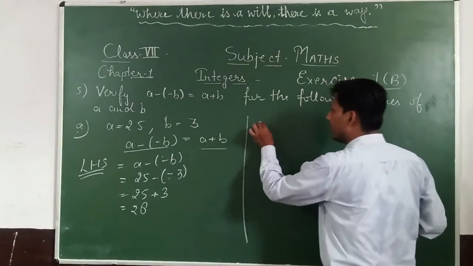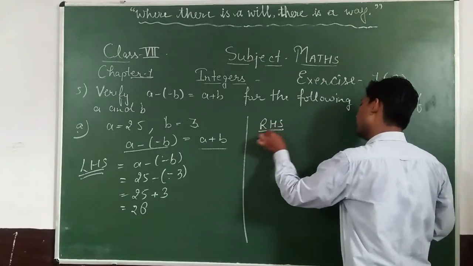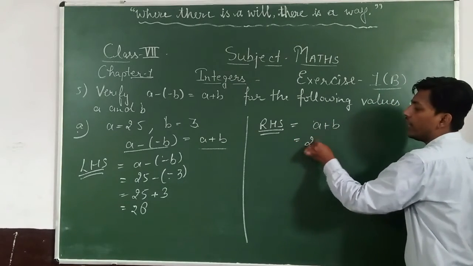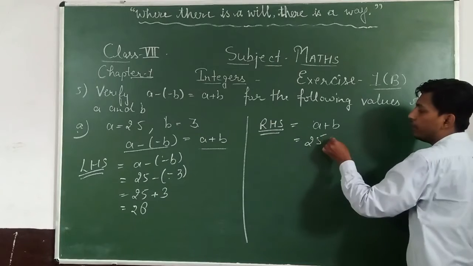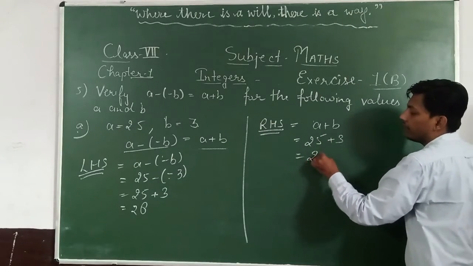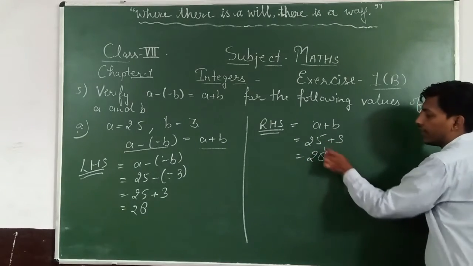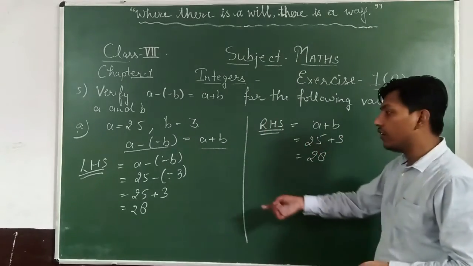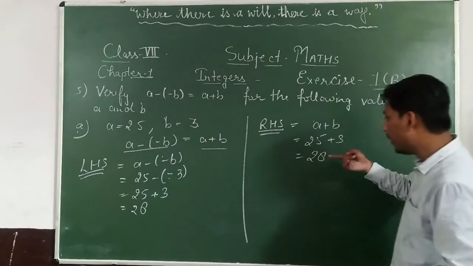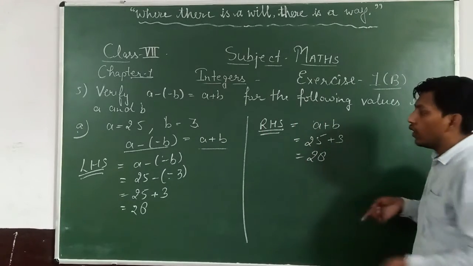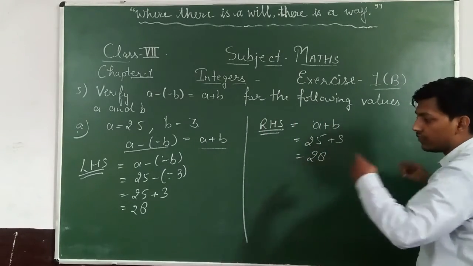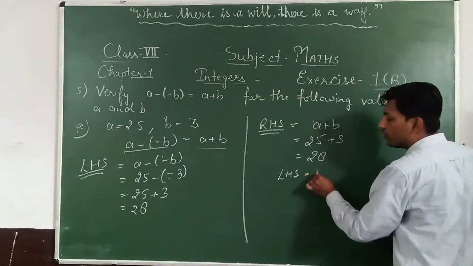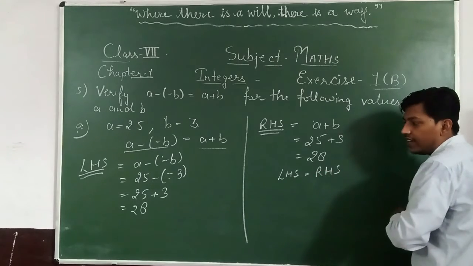Now take RHS. What is RHS? A plus B. Value of A is 25, value of B is 3. Add them. We get 28 as our answer. On solving LHS we get 28, and on solving RHS we get 28. In both solutions we get the same answer. So LHS is equal to RHS.